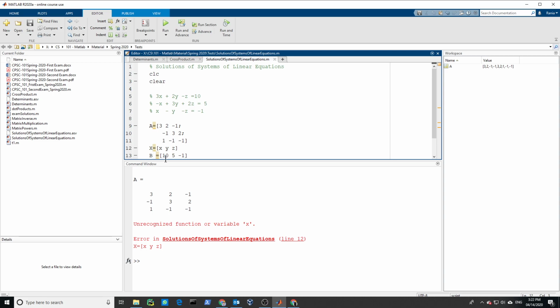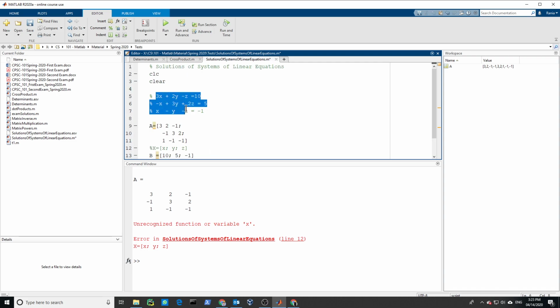And this is the A. The B equals, okay, so in here x, so let me comment this for now. So anyways, we have the three equations in here.